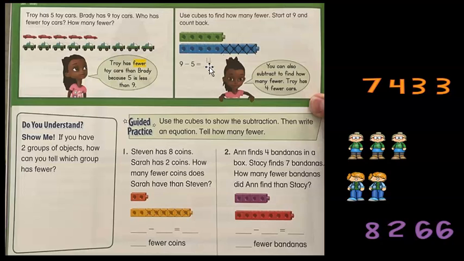Now just keep looking at your screen as I'm going to go over this again. Now, let's come over here. Look at your screen. It says, do you understand? Show me. If you have 2 groups of objects, how can you tell which group has fewer?